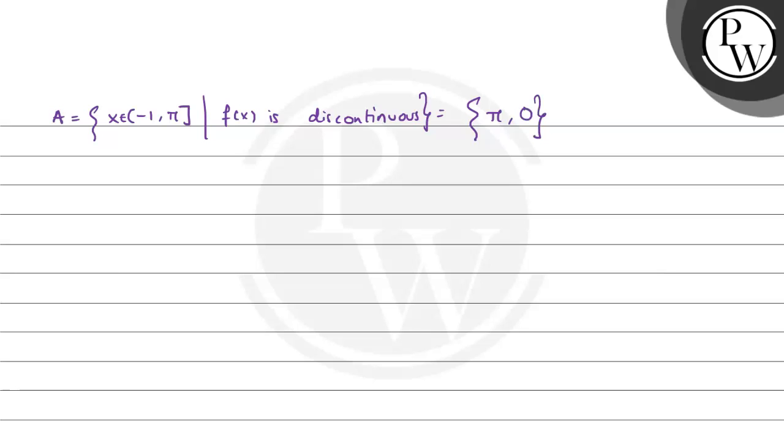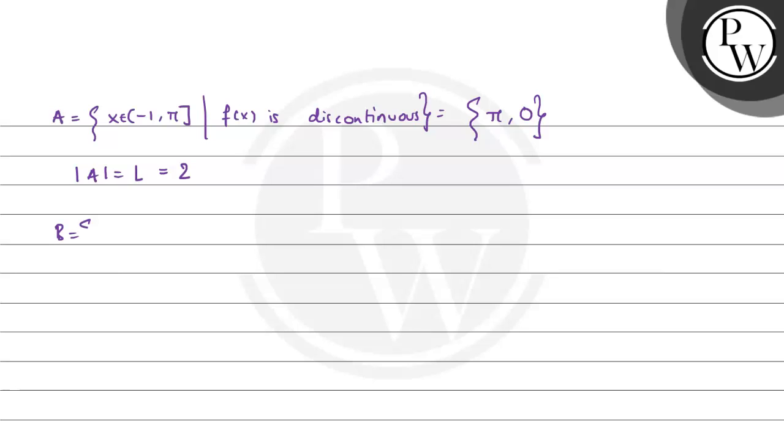Therefore, if A is the set of values in the interval minus 1 to pi where f(x) is discontinuous, the set has elements: the function is discontinuous at pi and 0. So the cardinality of A is l, which is equal to 2.